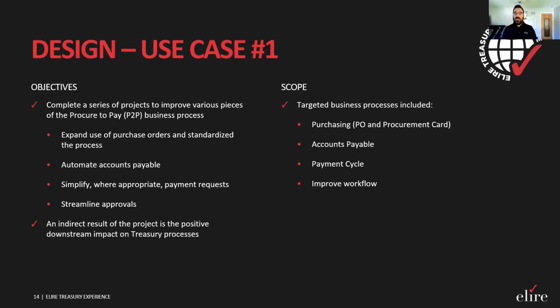Objectives were to improve the procure-to-pay business processes, expand the use of purchase orders, standardize those processes. We also looked at automating accounts payable, simplifying payment requests, and streamlining approvals. An indirect result of the project was the positive downstream impact to Treasury processes.